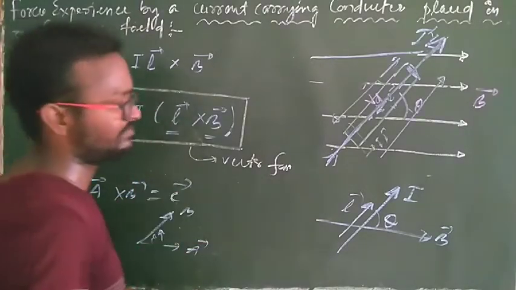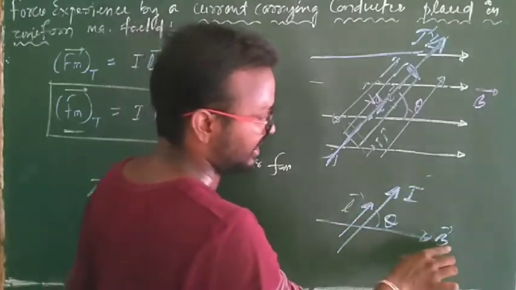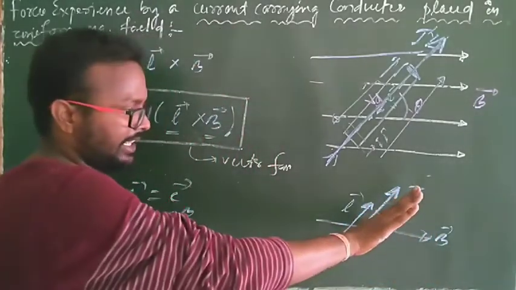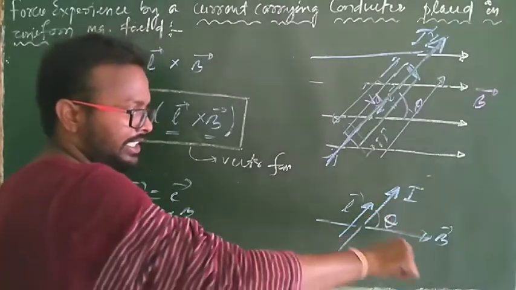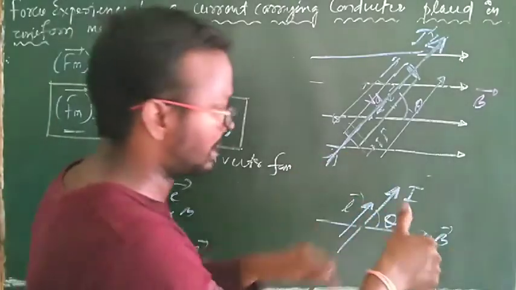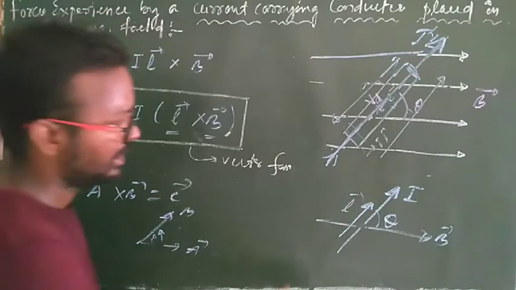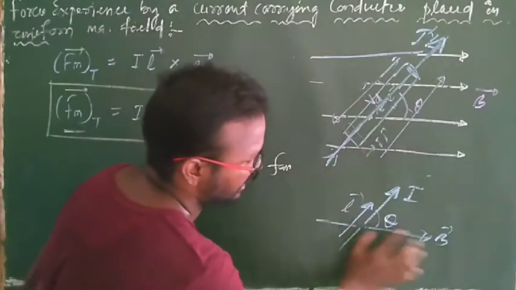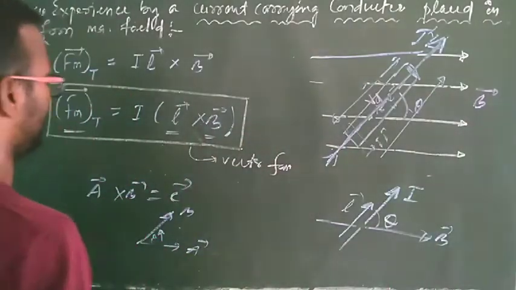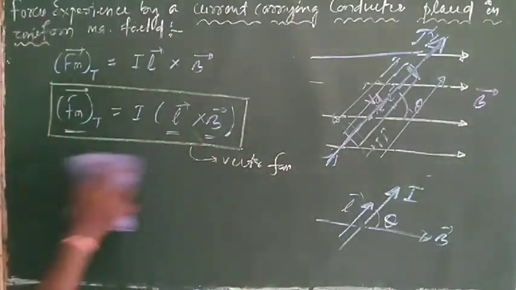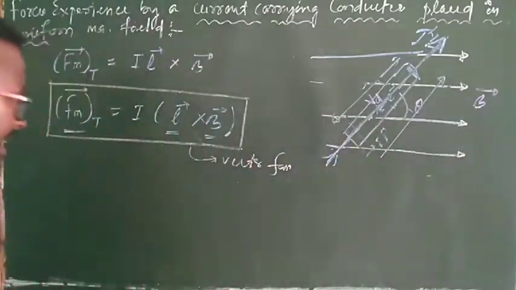So if you use it here, with the direction of current and the direction of magnetic field, place your right hand palm, curl the fingers towards the magnetic field, then the thumb indicates the direction of total magnetic force experienced by this conductor. This force is perpendicular to the plane of the length element and magnetic field. So this is all about the determination of the direction of total magnetic force experienced by a current carrying conductor.